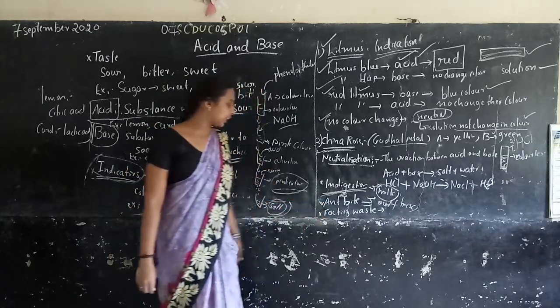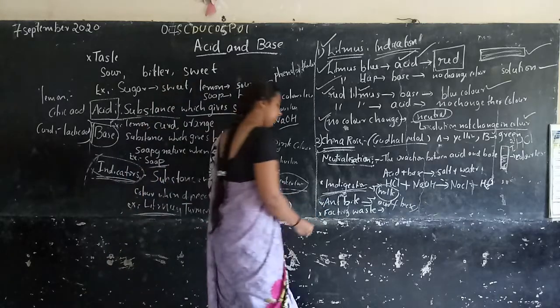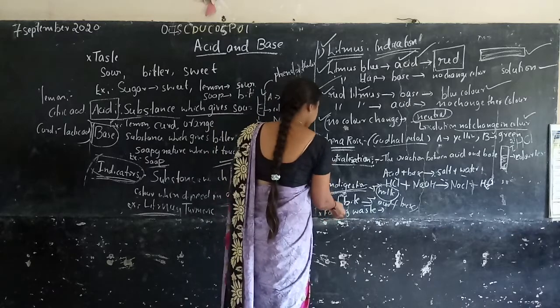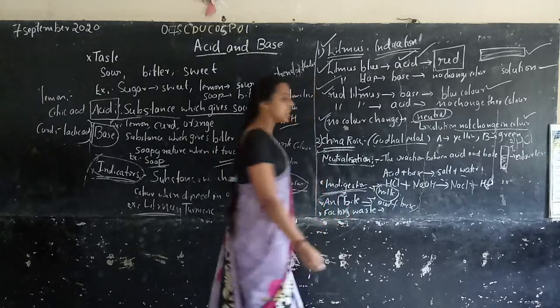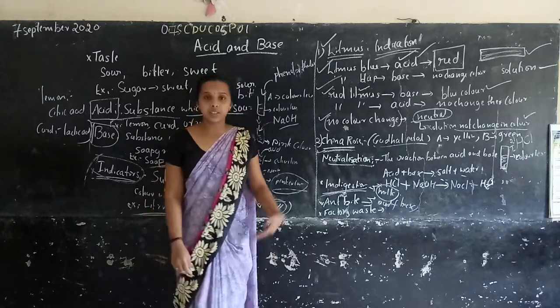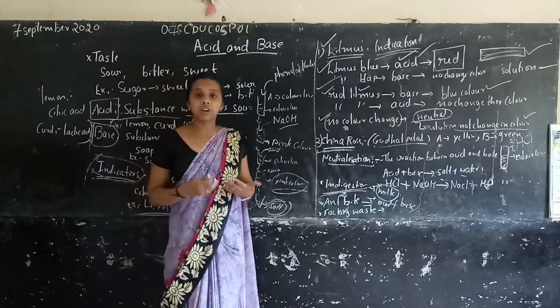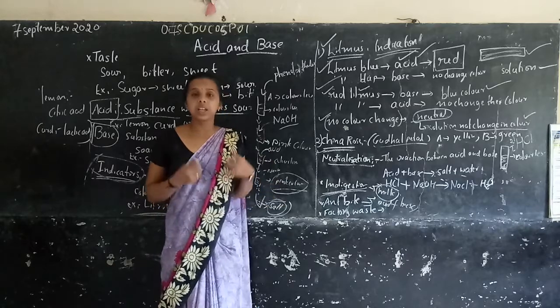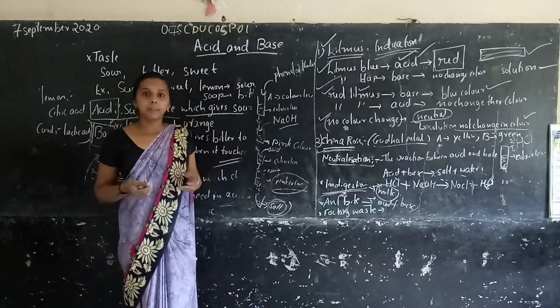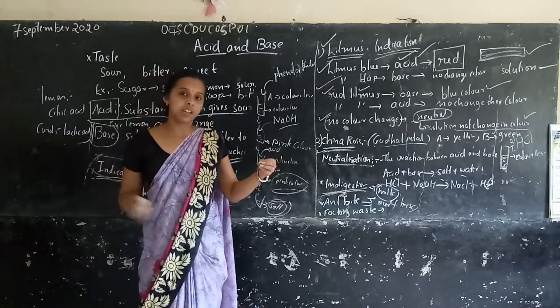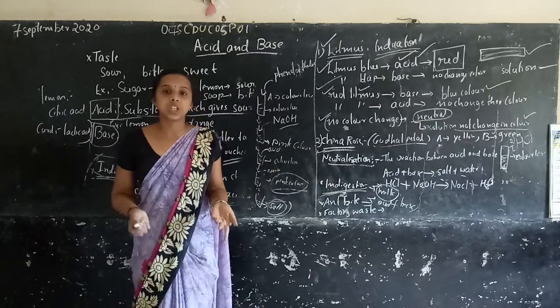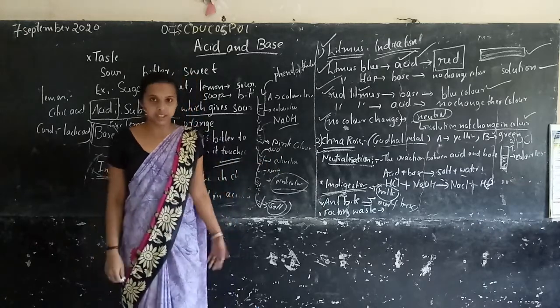In the case of factory waste, many factories produce acid as wastage. To treat this wastage we use a basic solution. Why? Because when acid is there and we add a base, a neutralization reaction takes place.